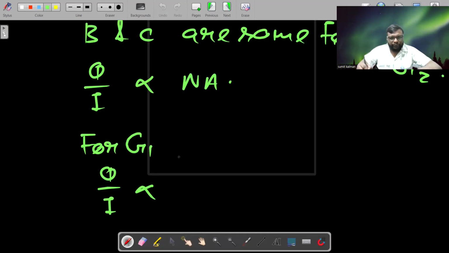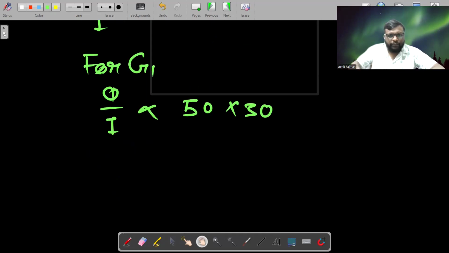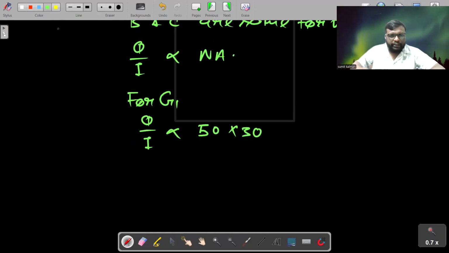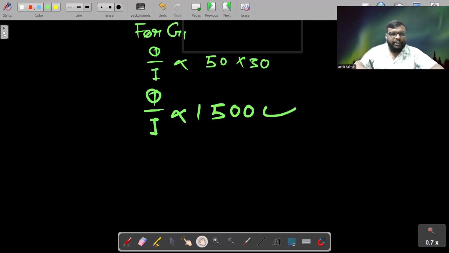So here it will become 50 into 30, and students, your phi upon I will come out to be, if you will multiply 5 into 15 into 100, 1500. So for G1, it is coming out to be 1500. Similarly, we will calculate phi upon I for G2.